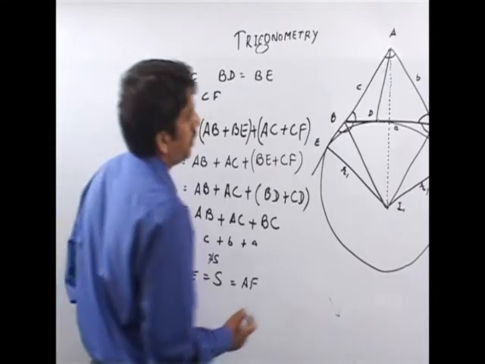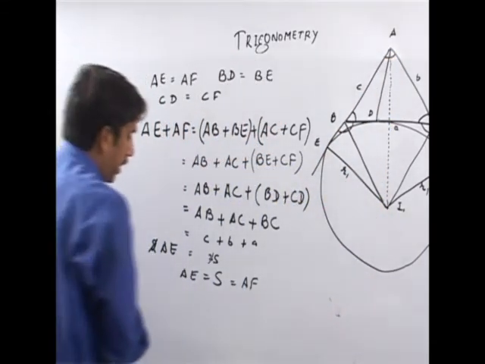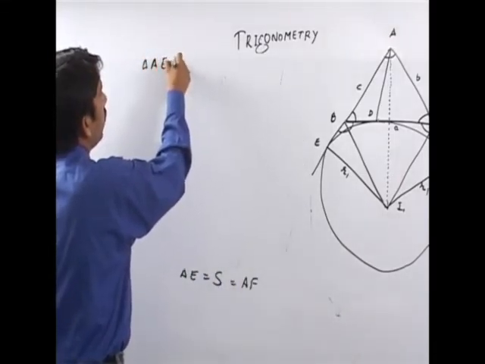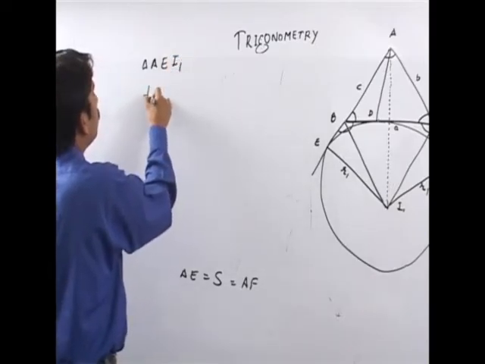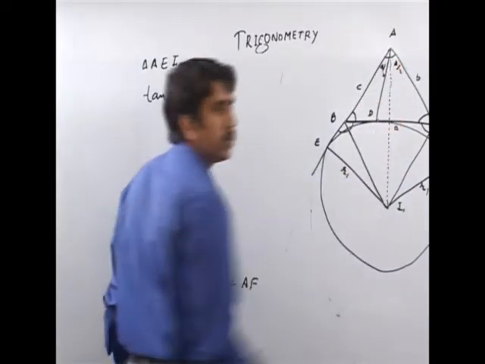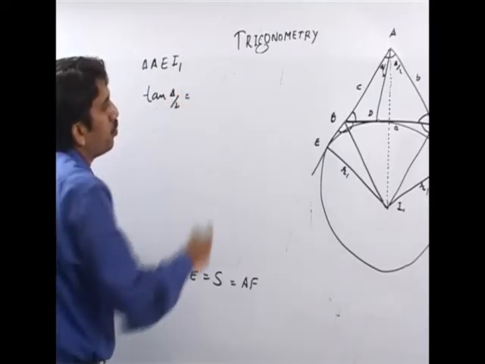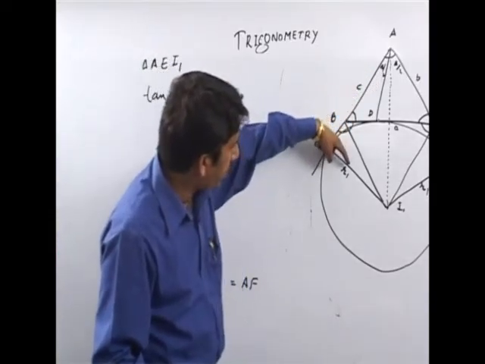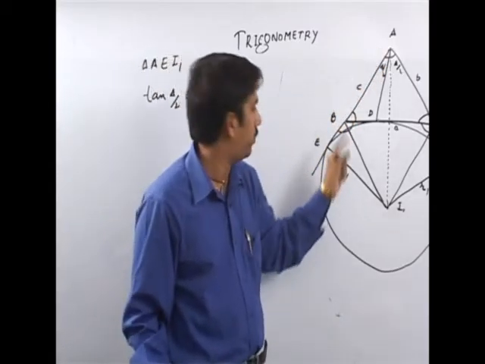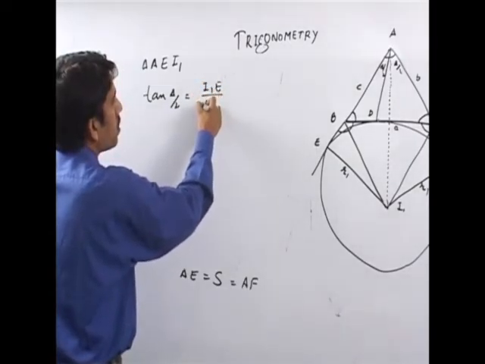Now if we take triangle AEI1, in triangle AEI1, tan of this angle is A by 2 and this is also A by 2. So this tan of A by 2 will be equal to what? Now this is perpendicular and this is base. So this will be equal to R1 over AE, or you can say I1E over AE.